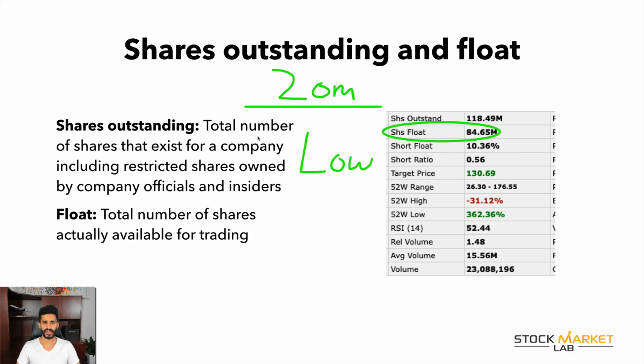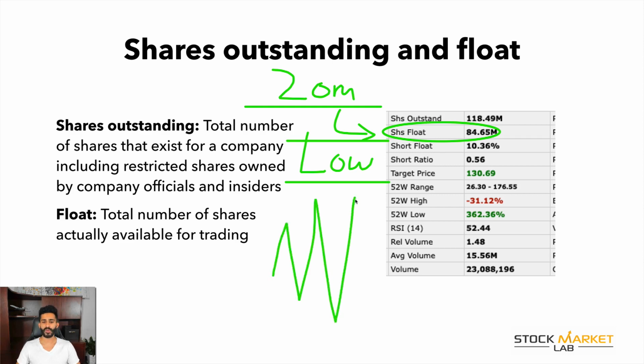Once again, if a company has 20 million or less shares on its float, that is considered low float. And if a stock has low float, it is easier for it to go up or down. It's easier for it to fluctuate. So keep that in mind. This has 84 million. Now, if this had 10 million, it would be easier for the stock to go up or down.